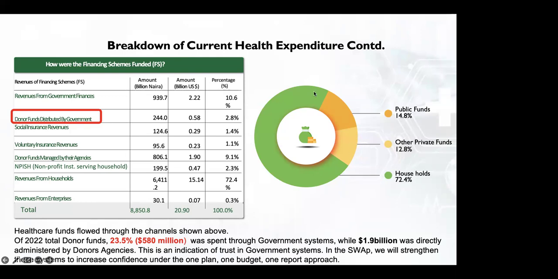But overall, you can see that the household has the most of the money. I also wanted to flag that development partners also spend money through government entities and agencies. It's not every time that they spend their money. This is important because of the SWAp conversations on trying to harness and have one budget for all of the health pooled funding, pooled financing.